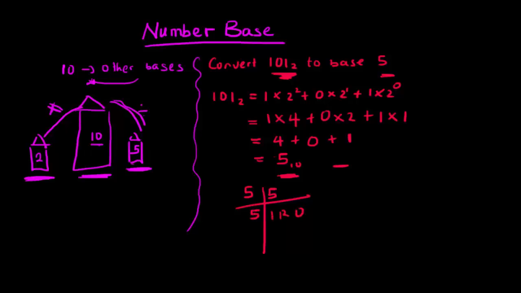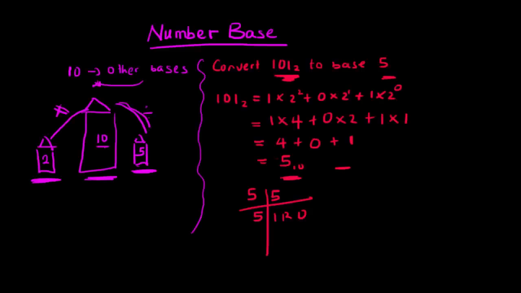Then 1 divided by 5 is 0, remainder 1. And remember, bottom to top. So my answer is 1, 0 in base 5. This is my answer. Did you get this?